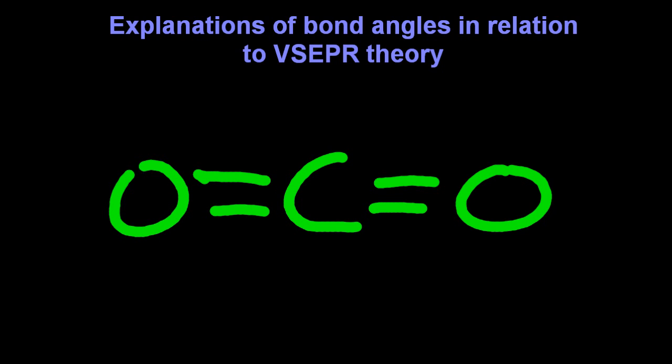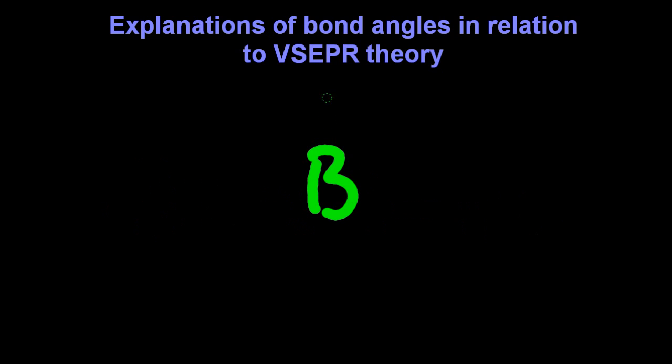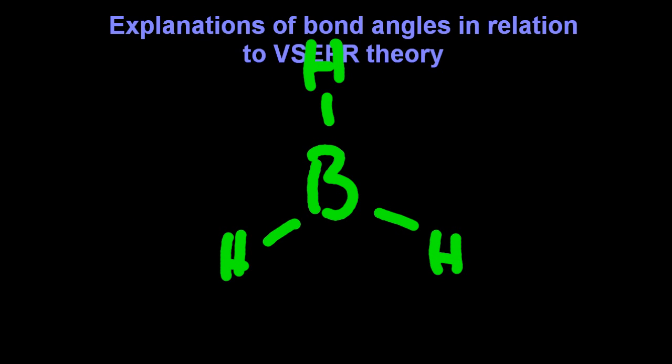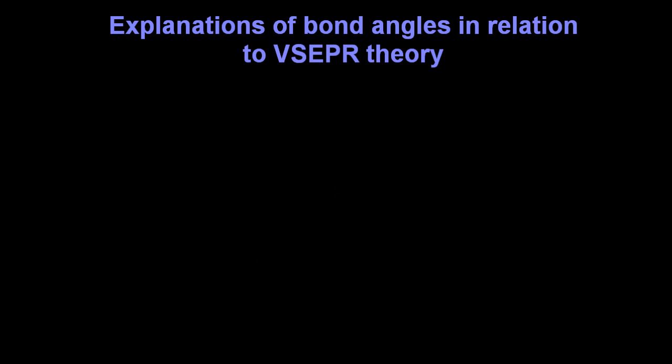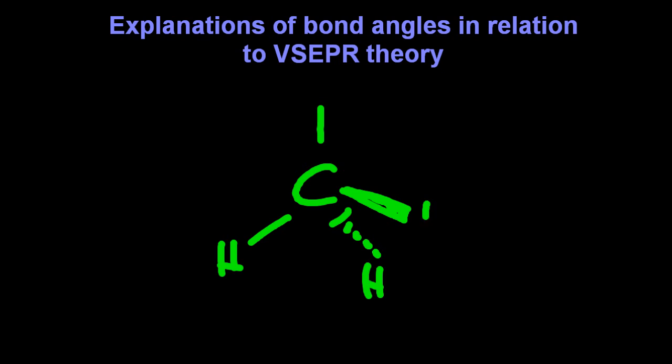For example, carbon dioxide is linear. Boron trihydride, well, that's got three charge centers. That's going to be trigonal planar. Methane has four charge centers. Four things that want to get away from each other, so that's going to adopt a tetrahedron.